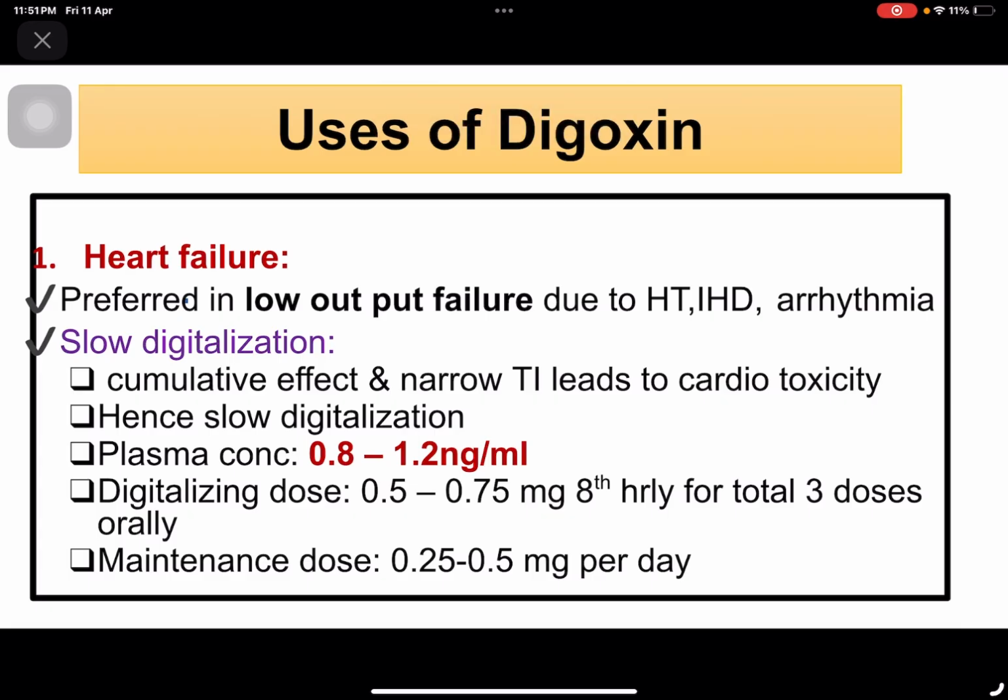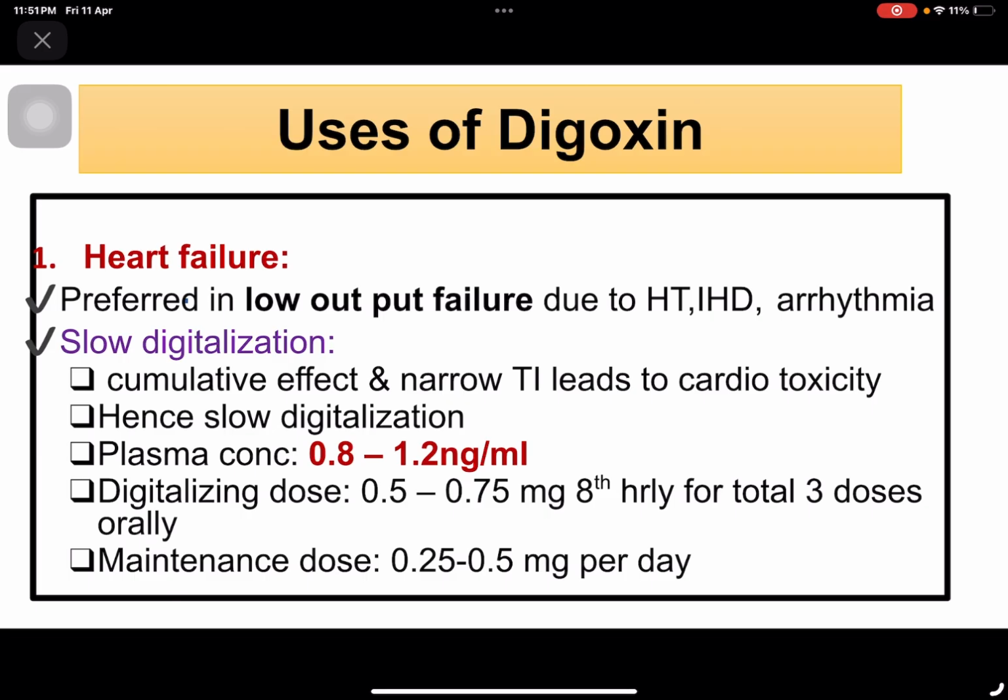So the uses of digoxin in cardiac failure: it is preferred in low output failure due to hypertension or ischemic heart disease and arrhythmia. Slow digitalization, because the cumulative effect and narrow therapeutic index lead to cardiotoxicity. Hence, slow digitalization.